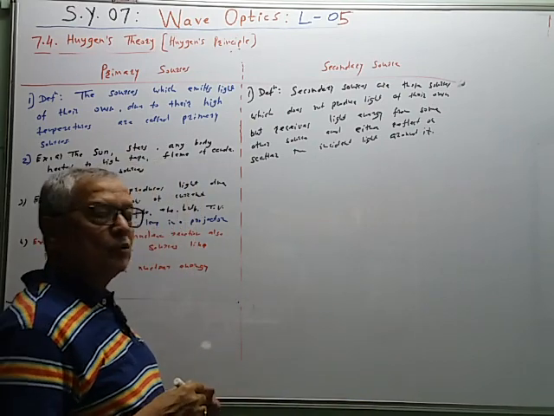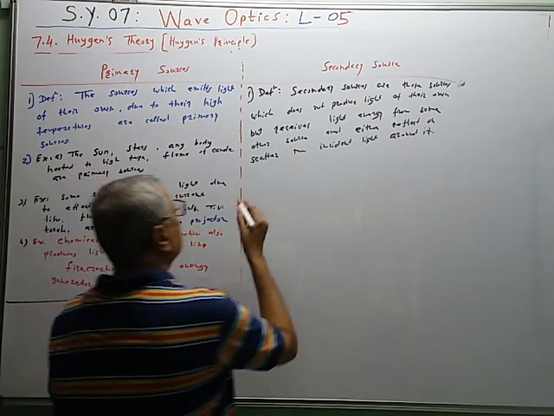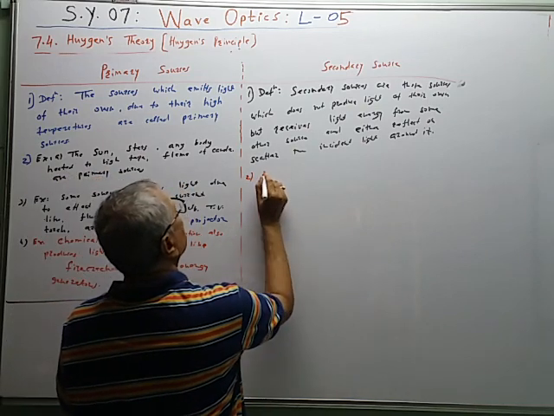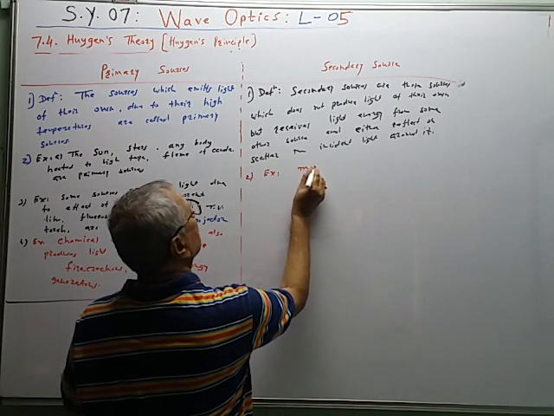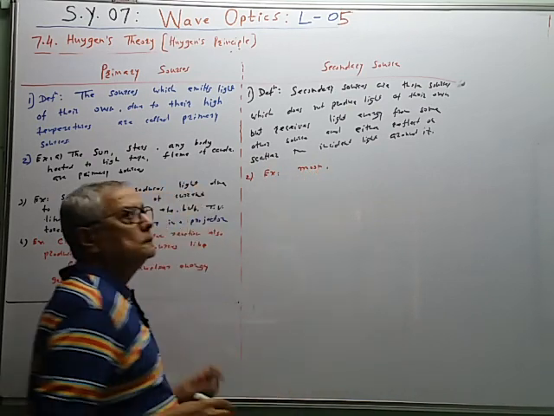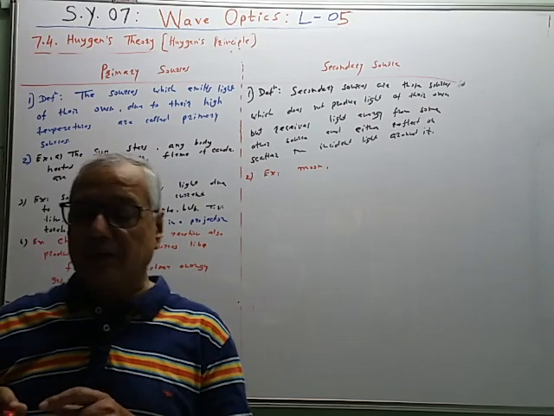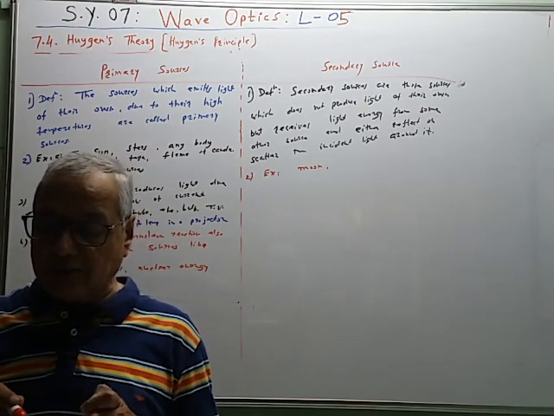So we will see some more examples of secondary sources. Second example: the moon is the best example. At night we get the light from the moon.